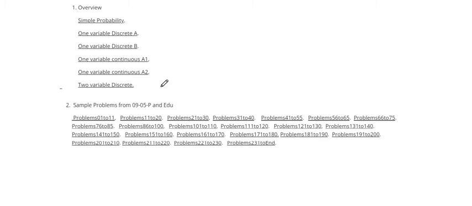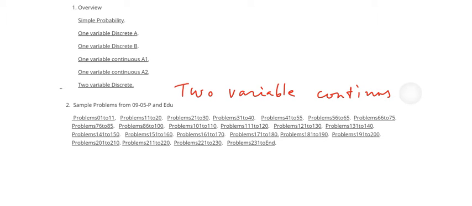Just like with distributions, we have one variable, two variable, right? So for each kind, we have a discrete and continuous. So here two-variable discrete, we have two-variable continuous distribution. Okay.